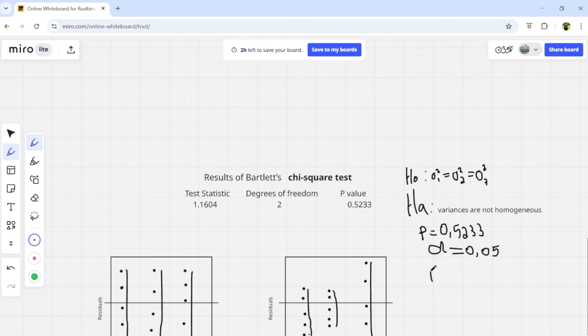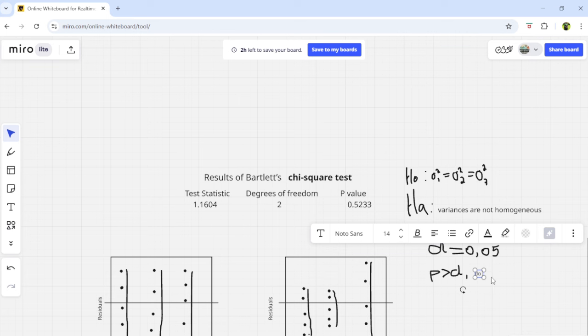Now we can literally see that the p-value is greater than alpha. If the p-value is greater than alpha, what do you do? You do not reject the null hypothesis.